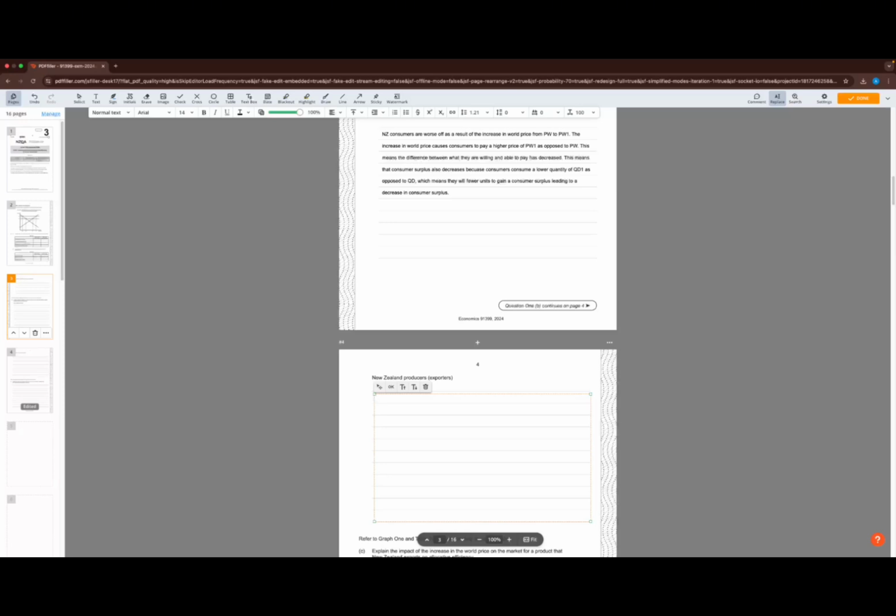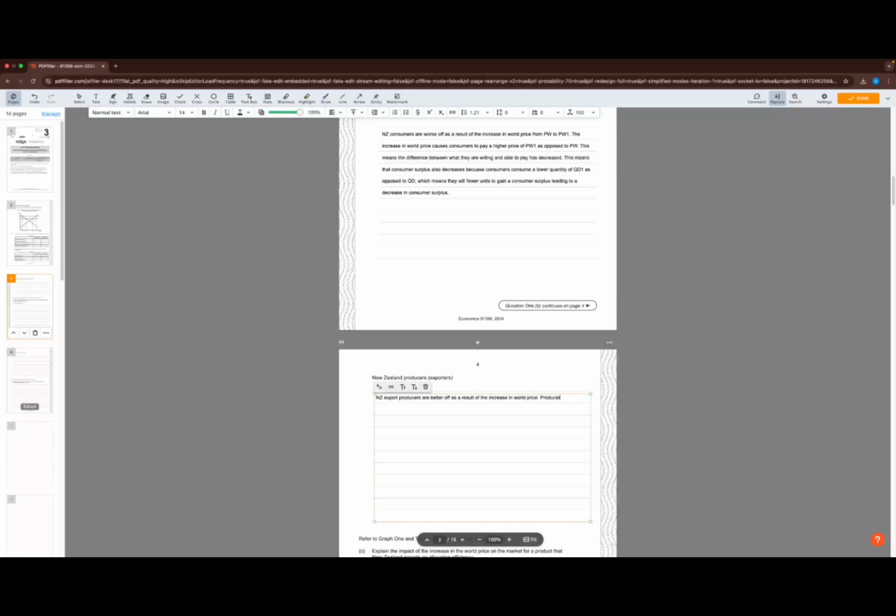So yeah, we'll get into it, guys. NZ export producers are better off as a result of the increase in world price. Okay, so we'll talk about the price first.